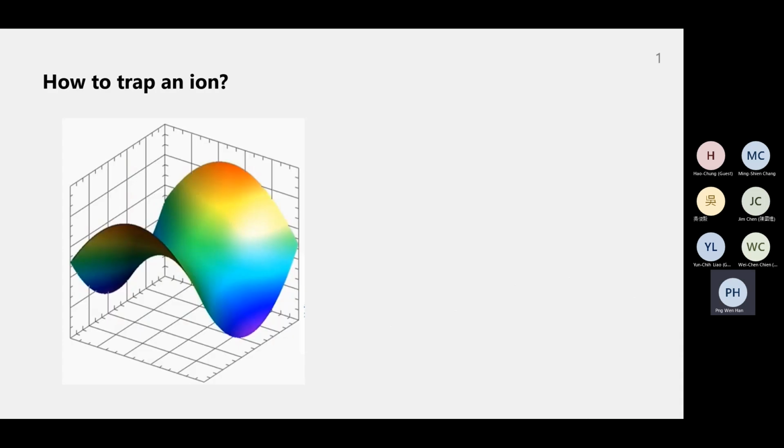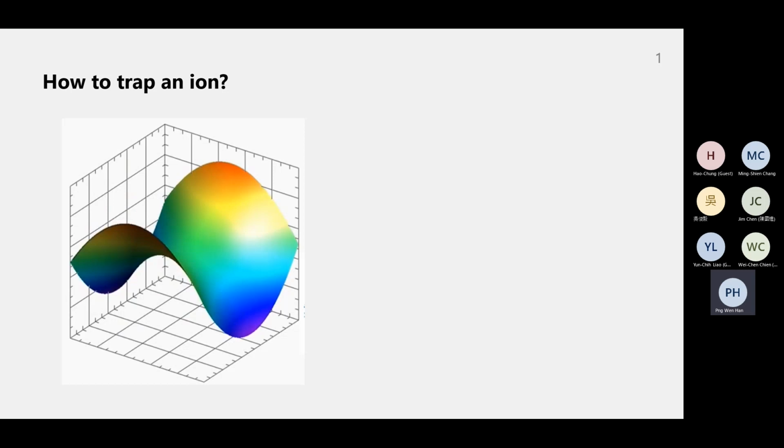First of all, let me show you how exactly we trap an ion. As we know, the Laplace equation in 3 dimensions gives a saddle point solution, like a saddle surface, which means the ion will tend to go to the minimum, indicated as the blue region in this graph.